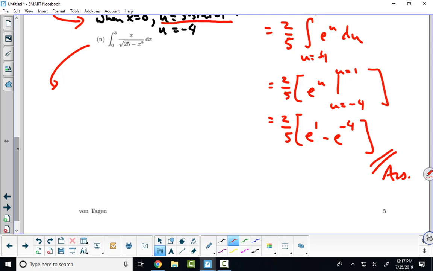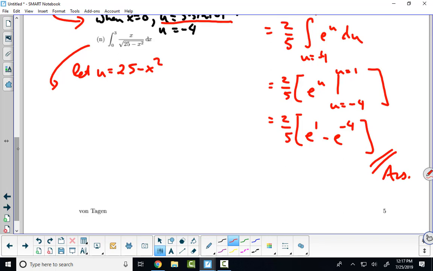Yeah. We're going to let u equal 25 minus x squared. Folks, if you don't see it right off the bat, put something down and then check. Take its derivative and see if you'll be able to do the substitution that you want. Just put something down.